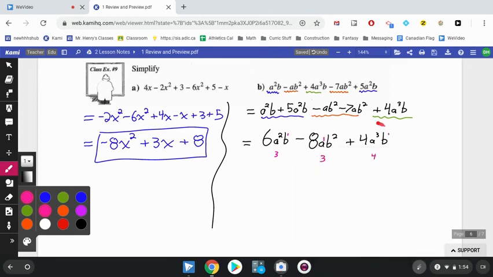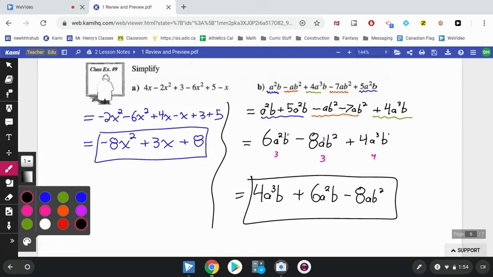So written in the proper order, the last term actually has to go first. And then since these ones have the same degree, you can put them in whatever order you want, as long as the 4a cubed b is written first. So I'll leave them in the order they were just in, but moving the 4a cubed b to the front. And now I satisfy descending order of degree, and I'm good to go.